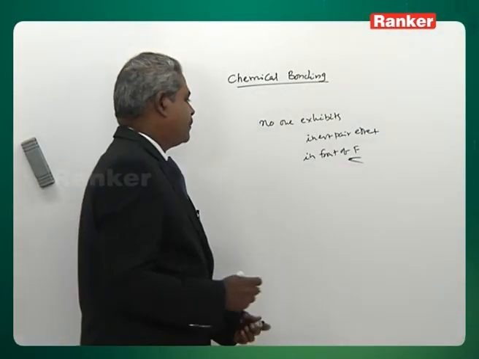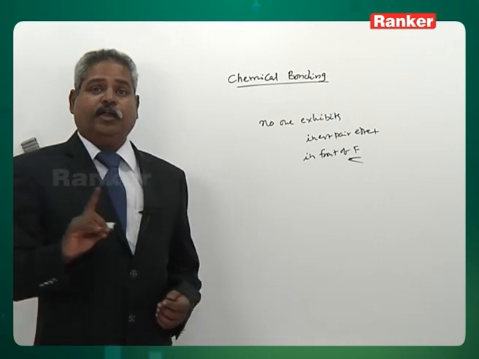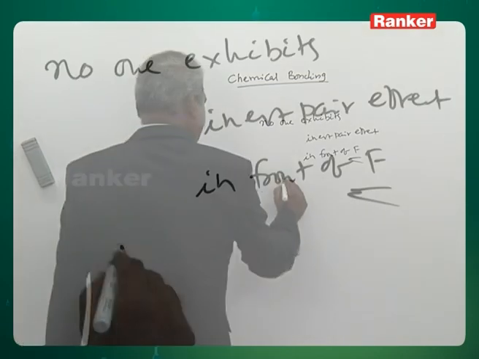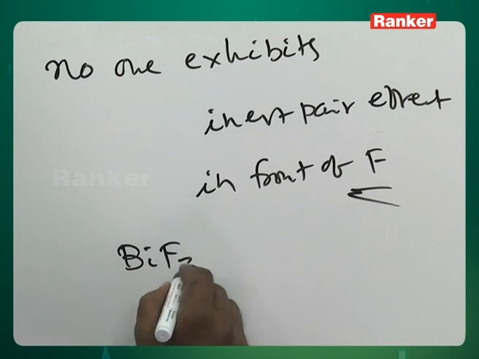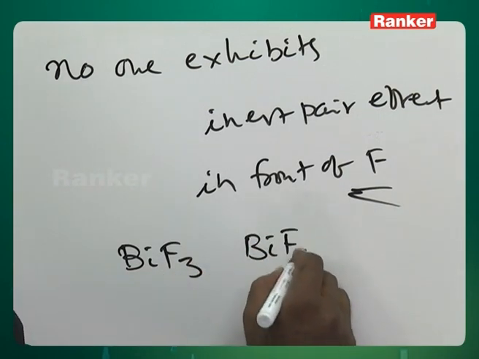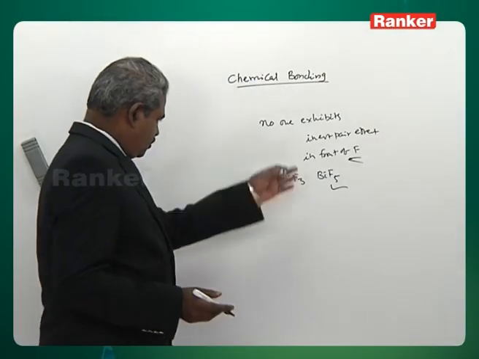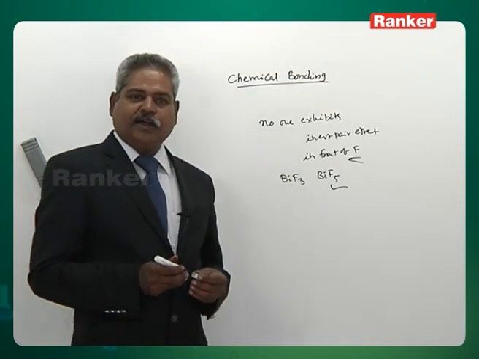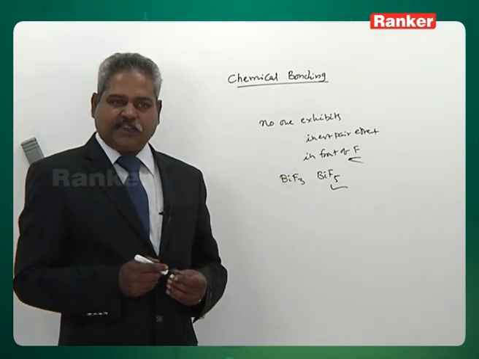No one exhibits inert pair effect in front of fluorine, means no inert pair effect. So, which is better, BiF3 or BiF5? BiF5. So, this itself proves that the cost involved is compensated.